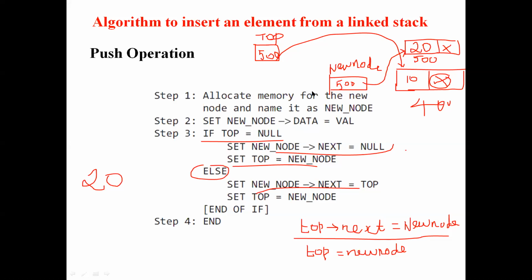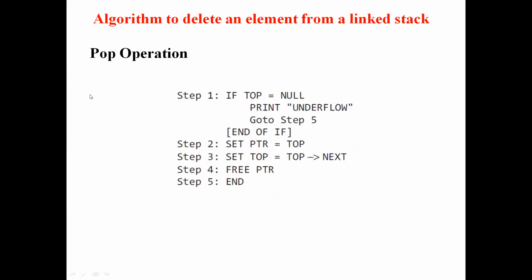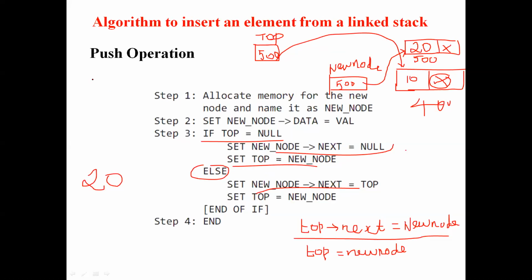Now, when I call the peek function, peek is nothing but a function which returns the top element. So automatically it prints top next, sorry, print top data. When I call a peek function, it is another function.